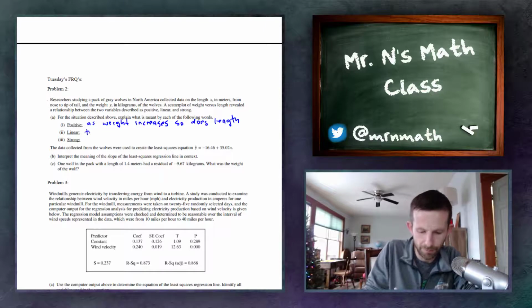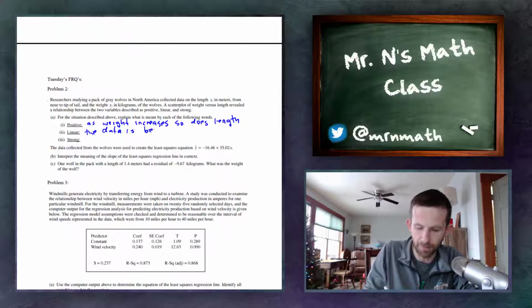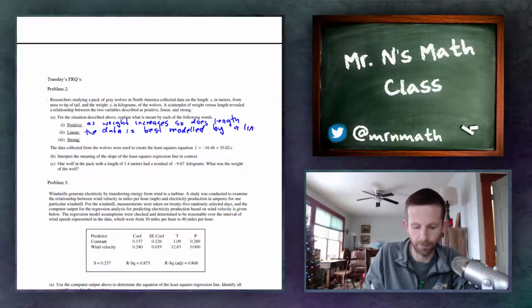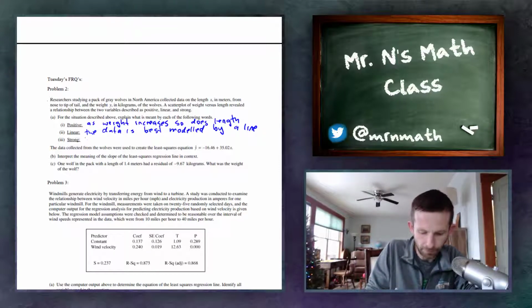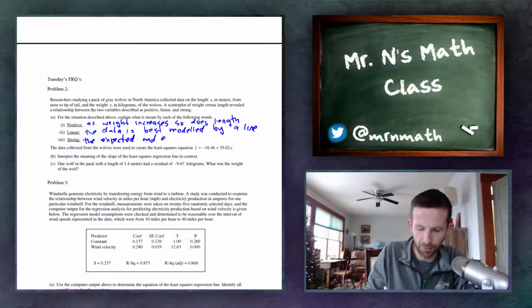Linear. The data is best modeled by a line. Strong.